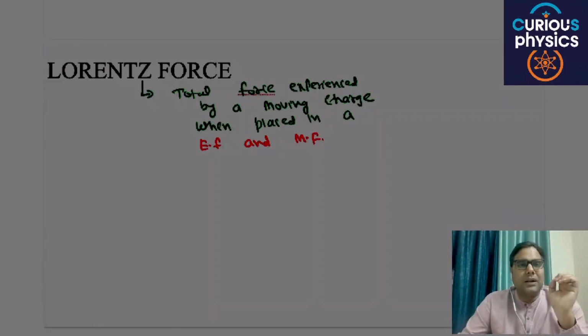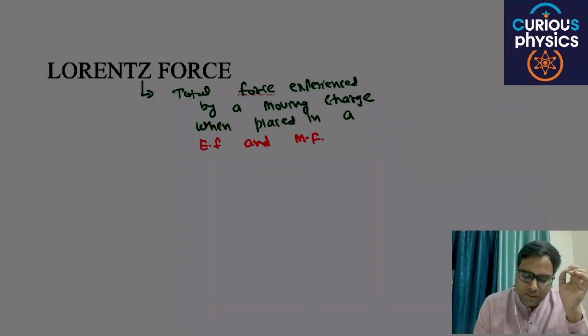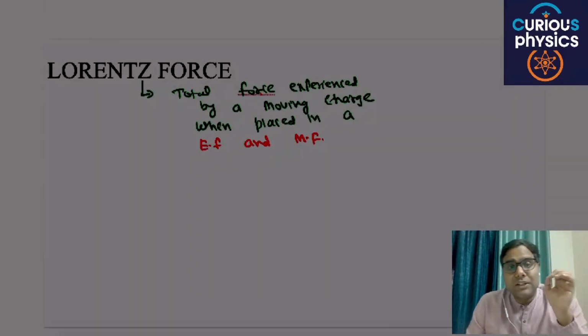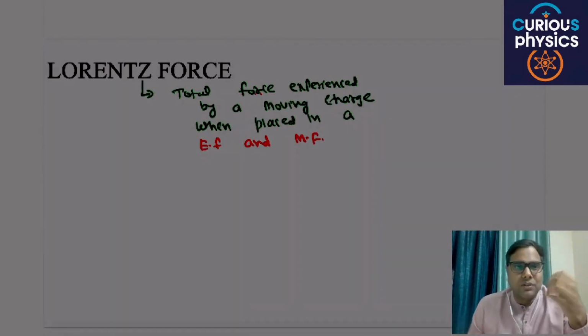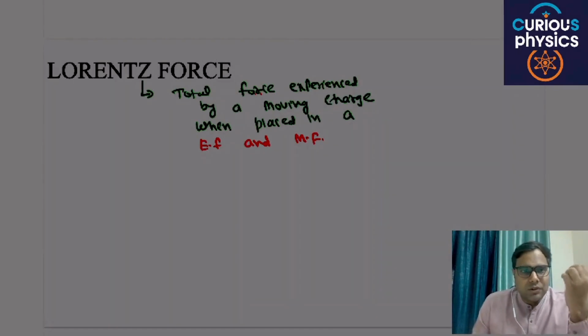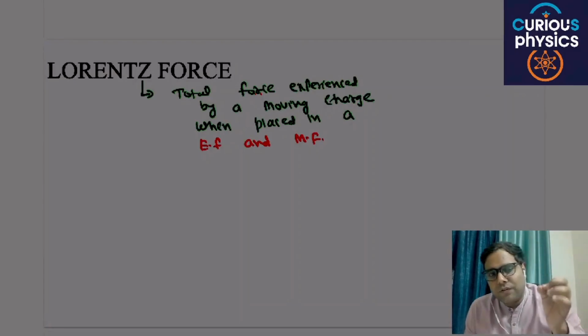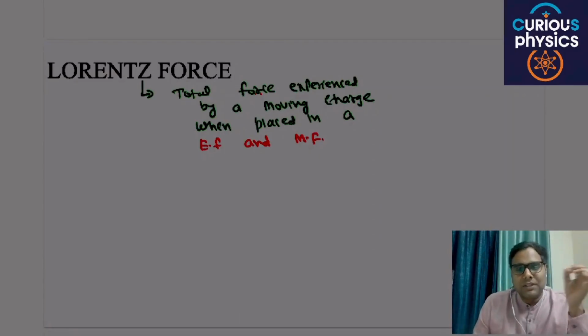It is the total force experienced by a charge which is moving with some velocity v, when that charge is placed in an electric field and a magnetic field.